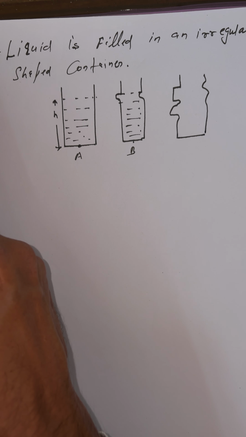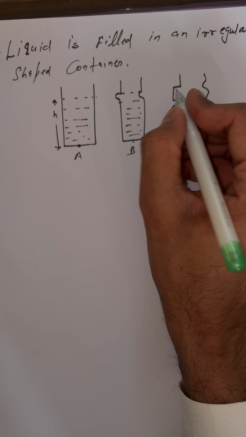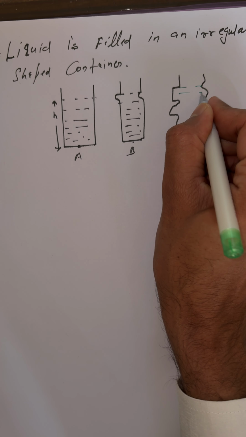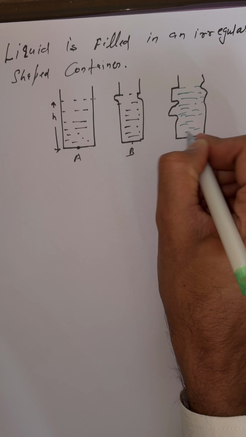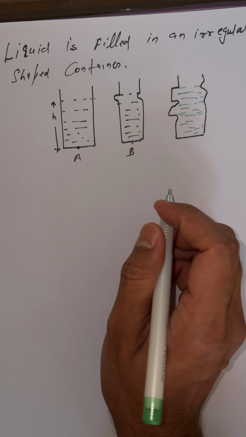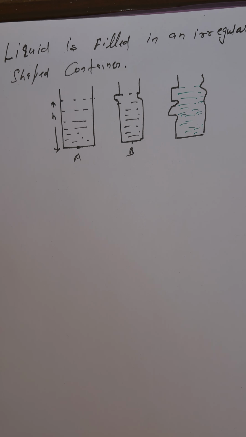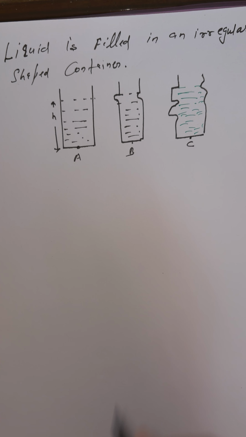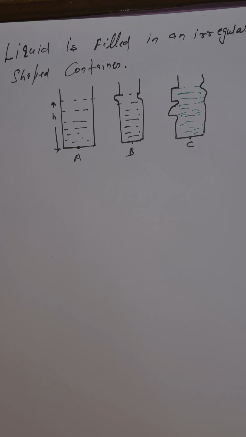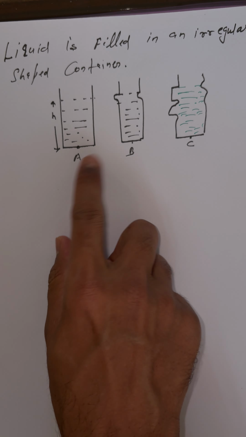But one point is common: the height of liquid filled in all containers remains the same. Then you have to find the pressure at A, B and C. Now students, as I said previously, pressure depends on the depth, not on the cross section.